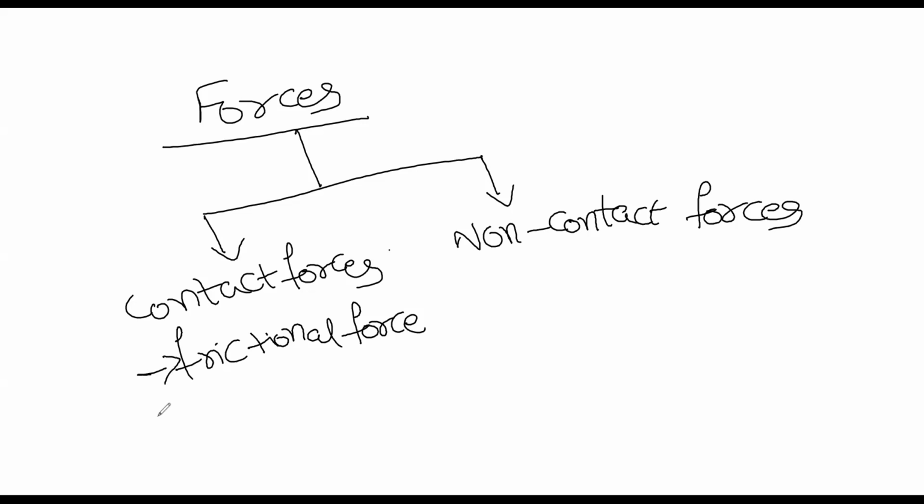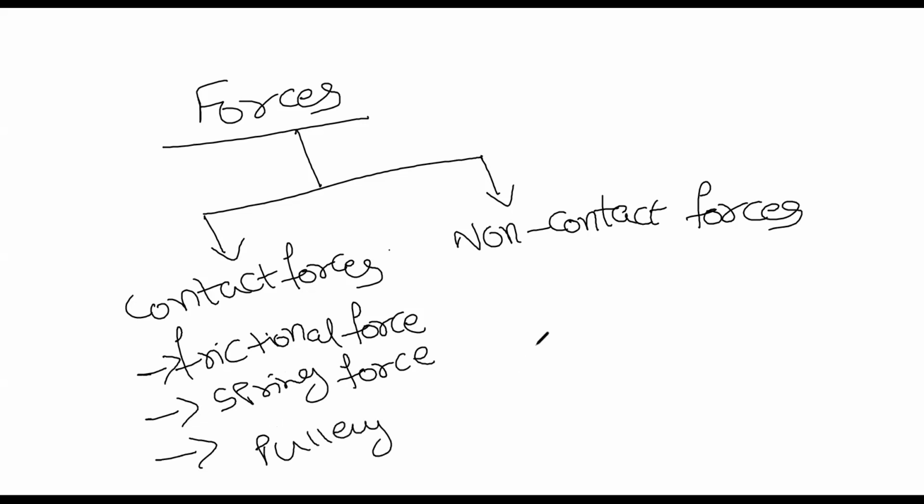So first are the frictional forces, the main forces. Next we have spring force. Next we have the normal pulley and all. It all comes under the contact forces, that is the tension and all.